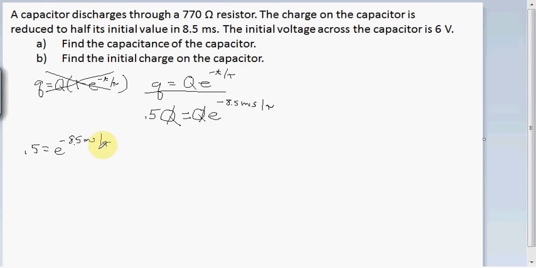Now, of course, tau is up here in the exponent, and remember that the way that we get to this exponent is we first get the exponential function all by itself. That's actually done for us. It's all by itself right now. And then once we've got the exponential function all by itself, we take the natural logarithm of both sides.